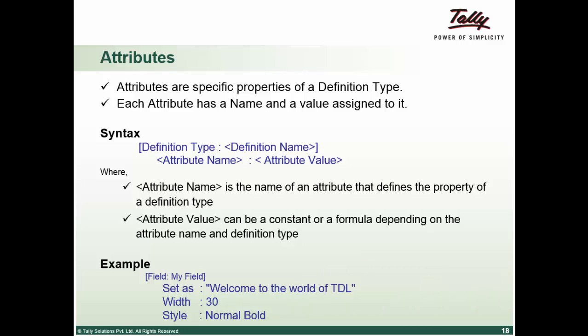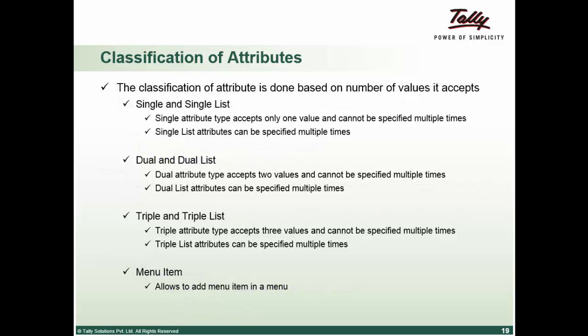Classification of attributes. The classification of an attribute is done on the basis of the number of values it accepts, and whether they can be specified multiple times under a definition, based on the number of sub-attributes and the number of values.